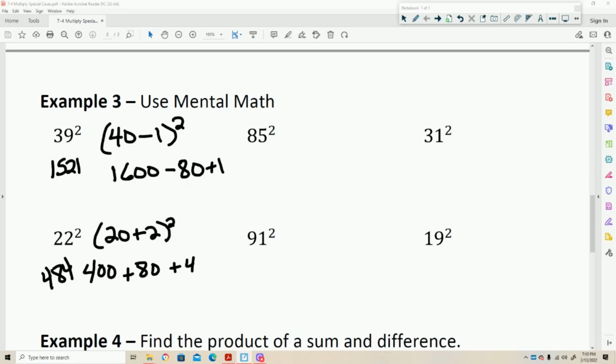Now these might be kind of tough for you, especially this one. Let's kind of look at that. 80 plus 5 squared, or 90 minus 5. It really probably doesn't matter. I like adding though. If we square 80, we should get 6400.